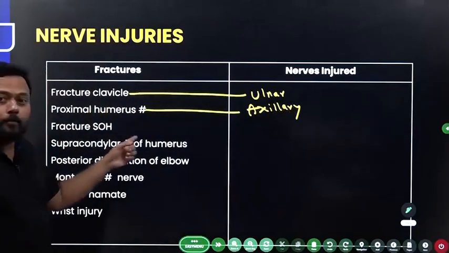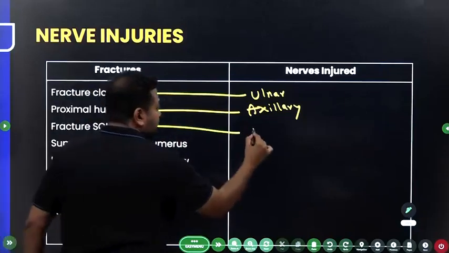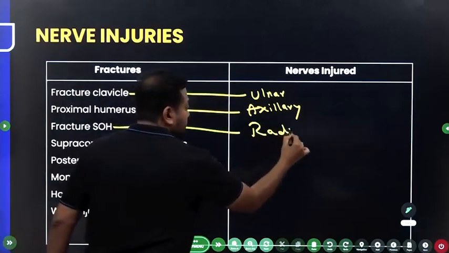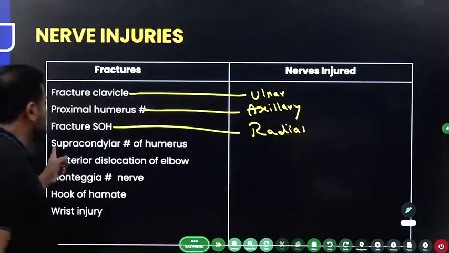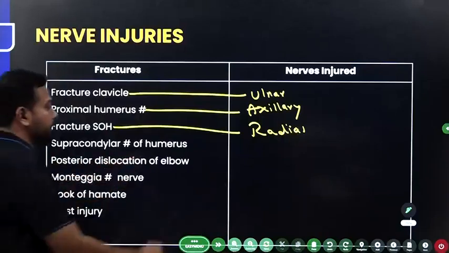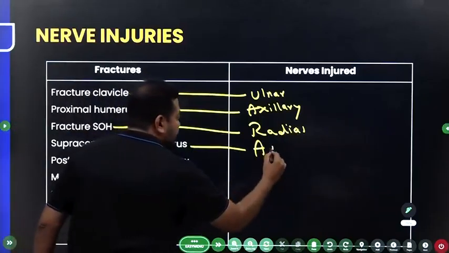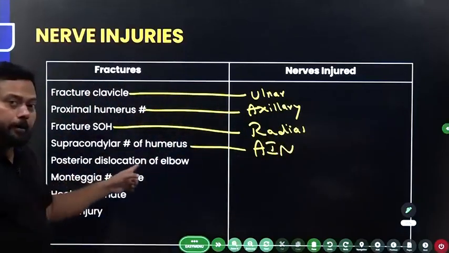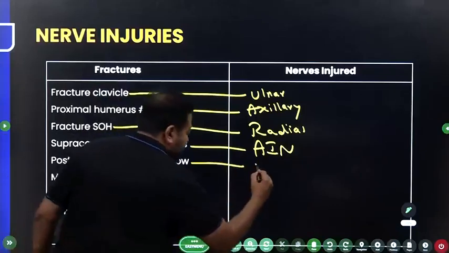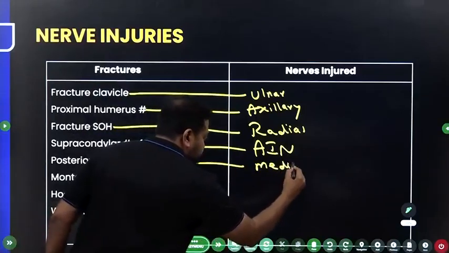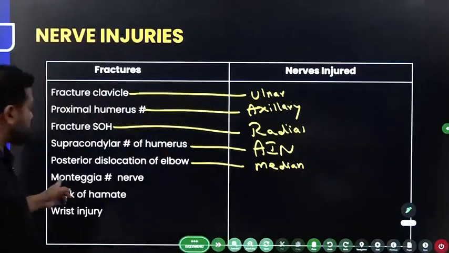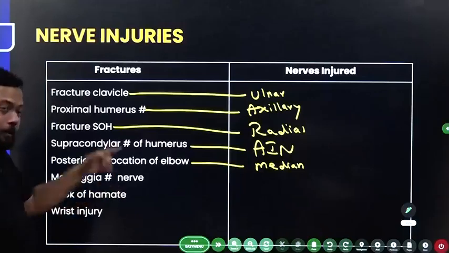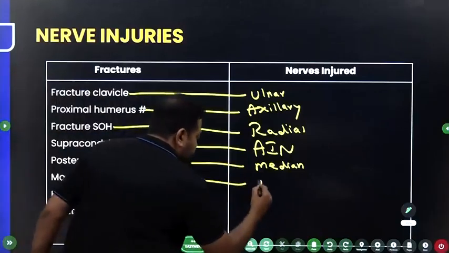Most common nerve involved in shaft of humerus is radial nerve. Most common nerve involved in supracondylar fracture humerus is anterior interosseous nerve, which is a branch of median nerve. Most common nerve involved in posterior dislocation elbow is directly the median nerve. Most common nerve damaged in Monteggia fracture is posterior interosseous nerve.